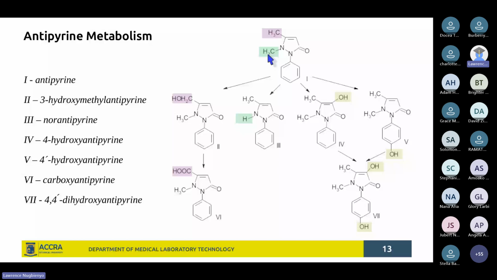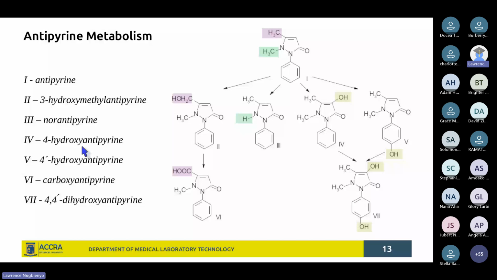That residue is a methyl group. So if you want to specifically mention that it's a methyl group which is removed, then it is N-demethylation, removal of that methyl group. But if you want to refer to it generally, as removal of an alkane residue, alkyl, it will be N-dealkylation to give you compound number 3, which is norantipyrine.